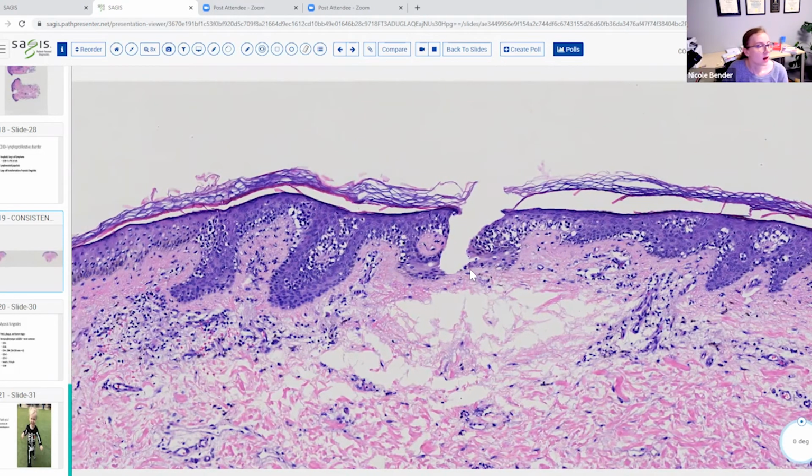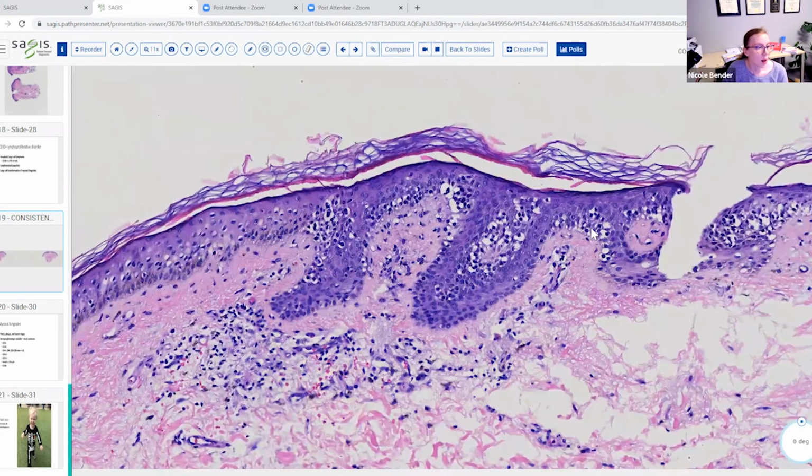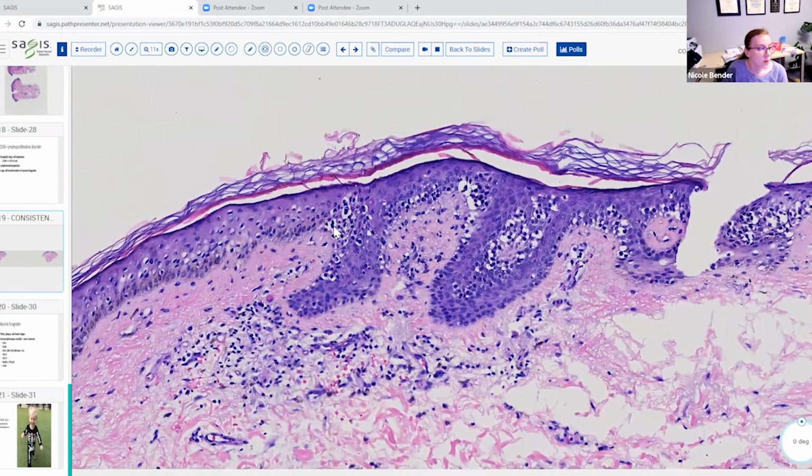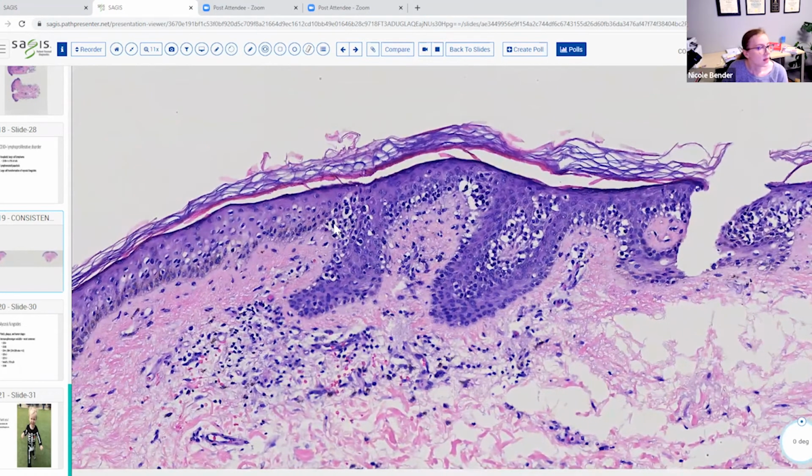They like to line up along the DEJ and extend in clusters into the epidermis. These cells are small to medium in size. They are hyperchromatic, have irregular nuclear contours, and many of them have a vacuolar artifact around them as they extend into the epidermis.